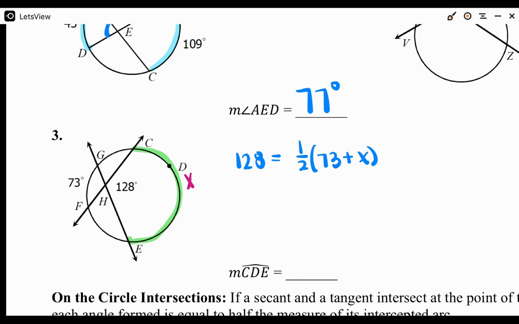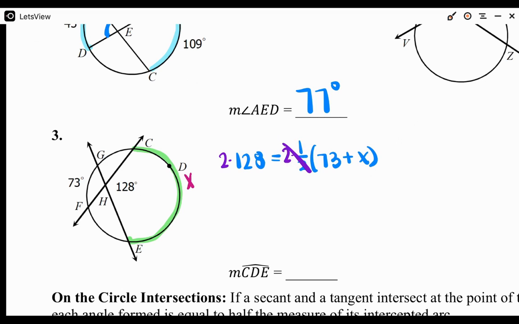So 73 plus X. And whenever we have this 1/2 in front, so if you looked at our algebra review, to get rid of that 1/2, remember we just times both sides of our equation by 2. So the 1/2 and the 2, they basically cancel each other out.